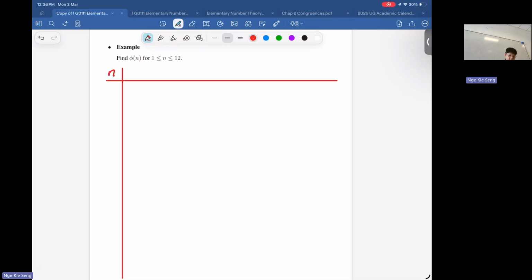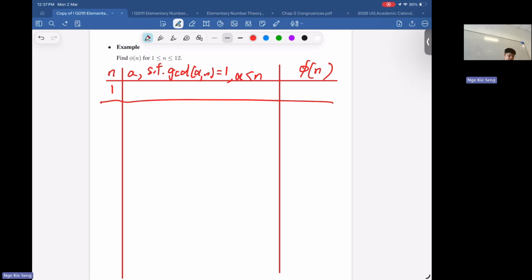We want all the numbers a such that GCD of a and n is 1, and this number cannot exceed n. And then phi n is just counting how many of them. Okay. So how many numbers that are not exceeding 1 have GCD 1? Not exceeding, right? Could be equal, right? Yes. Not exceeding. Could be equal.